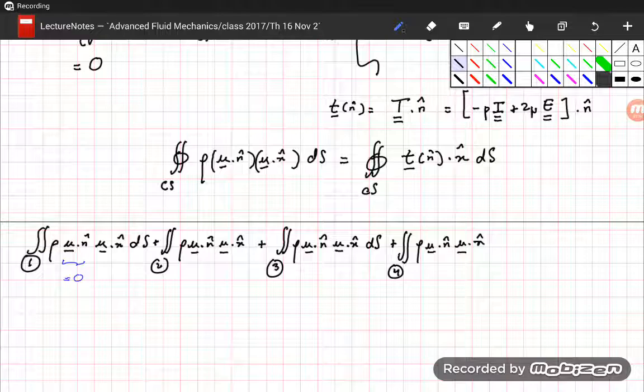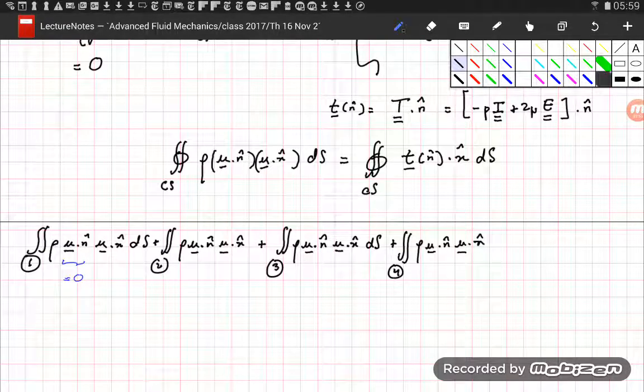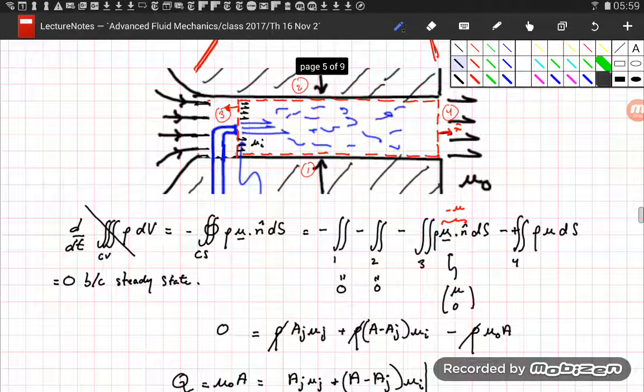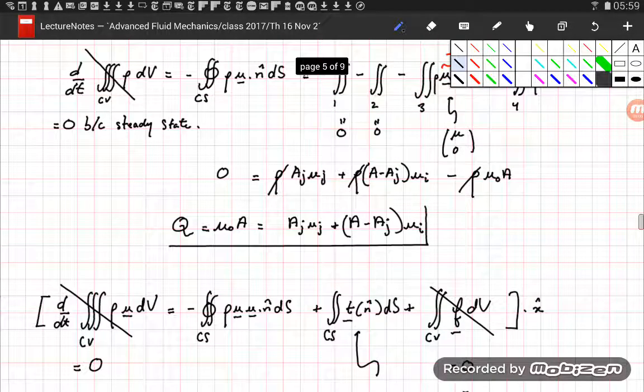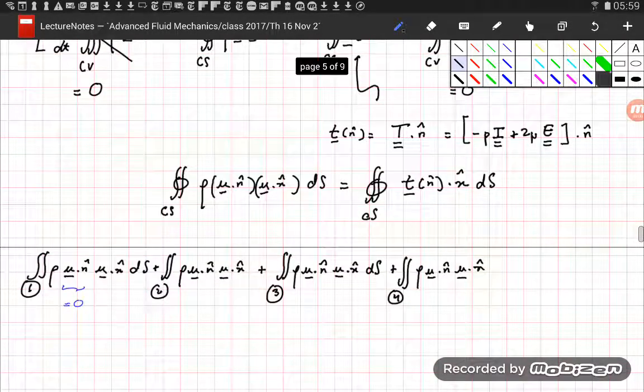So along surfaces 1 and 2, which are the side surfaces here, we have a no penetration boundary condition, so u dot n is equal to 0. So those terms here don't contribute. Both for 1 and 2, u dot n is equal to 0, so these terms don't contribute.